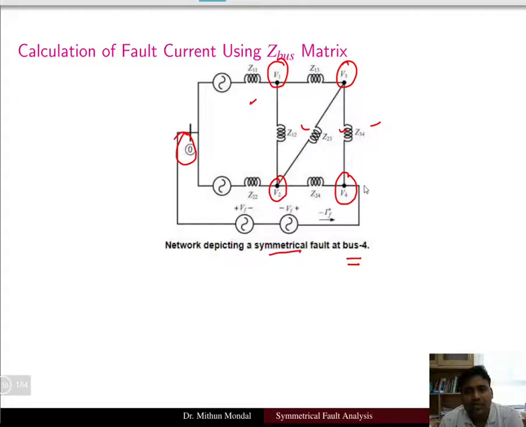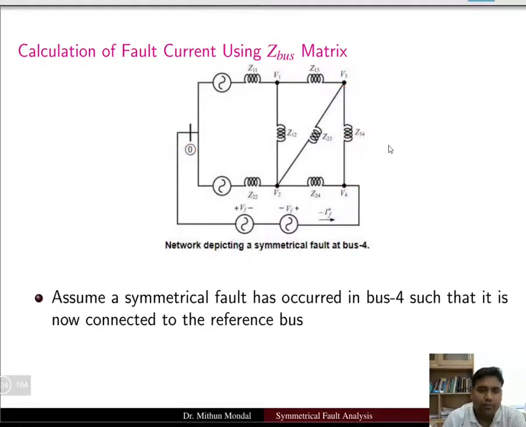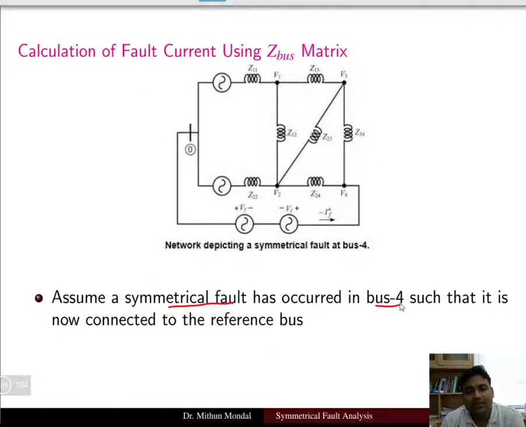So assume a symmetrical fault has occurred in bus number 4, such that it is now connected to the reference bus. If a 3-phase fault has occurred, it will be connected to the reference bus.